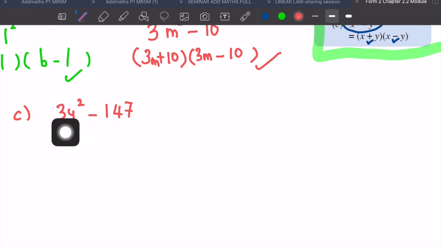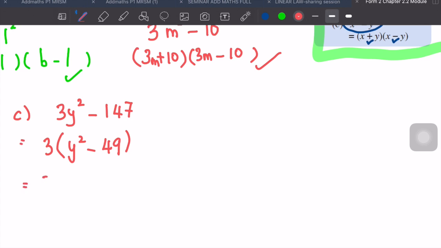Setahu saya, 3 bukan perfect square. 147 pun bukan. Tapi 3 and 147 ni adalah faktor bagi 3 kan. 147 ni boleh dibahagikan dengan 3. So kita keluarkan 3. So tinggal y square minus 49.